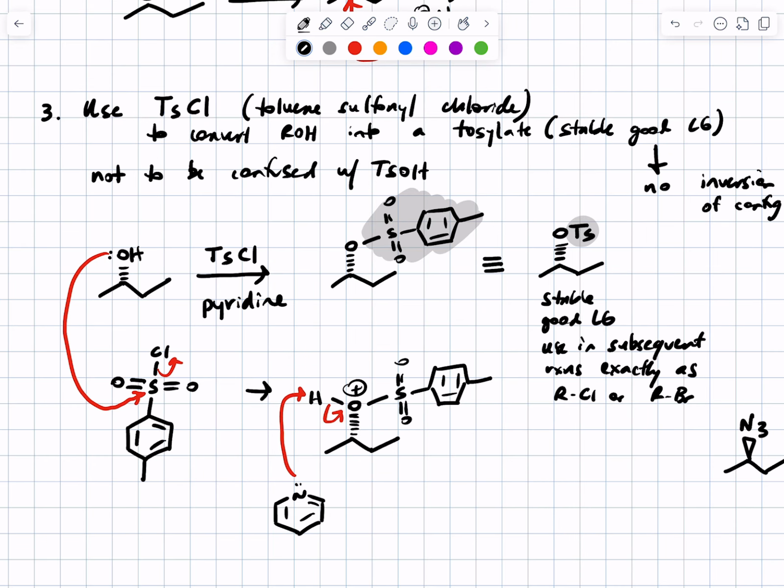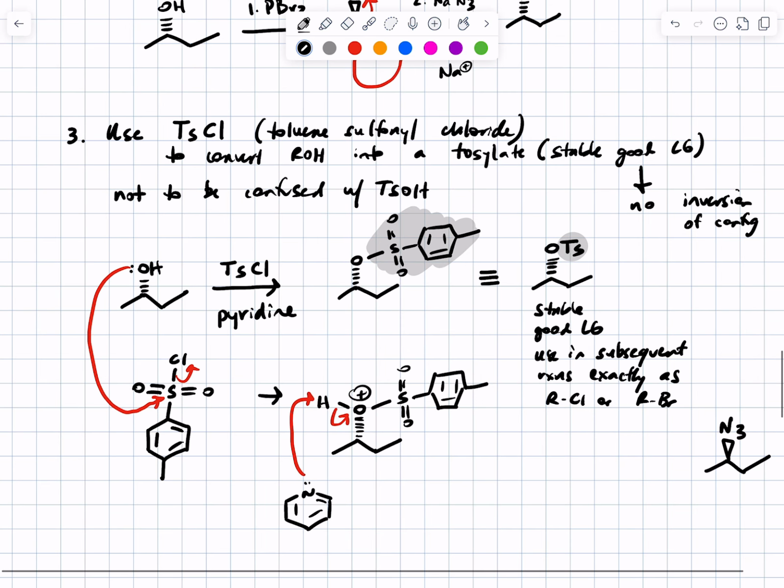So in other words, it can do SN2 and E2 reactions. But importantly, it's stable. You can put it on the shelf and nothing's going to happen to it. Meaning we have just converted OH, I'm going to now highlight it in green, into a good leaving group. Looks like an avocado now. Into a good leaving group without any backside attack.